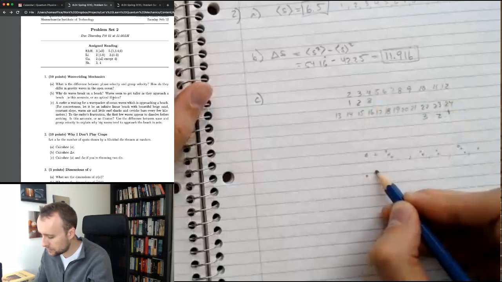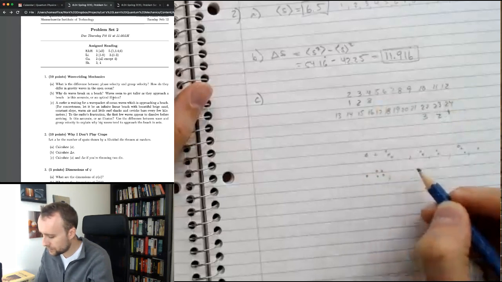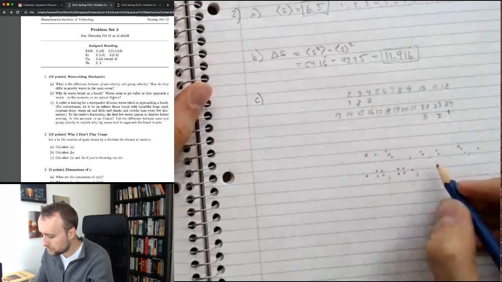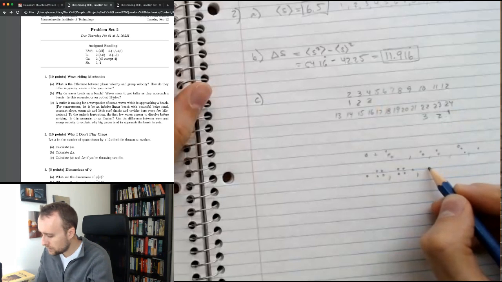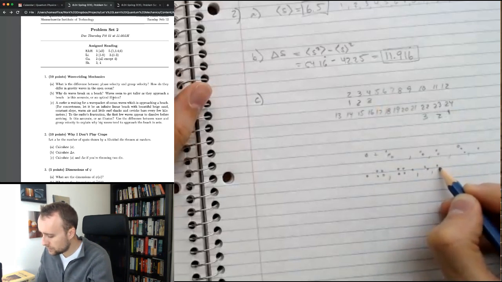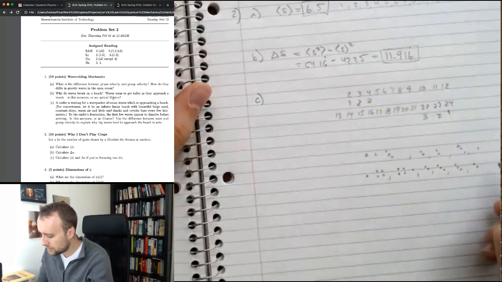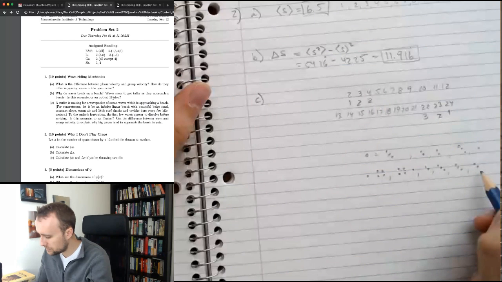We can get 1 and 4, 4 and 1, 2 and 3, 3 and 2. And I don't think there's any other ways of getting it. Right?